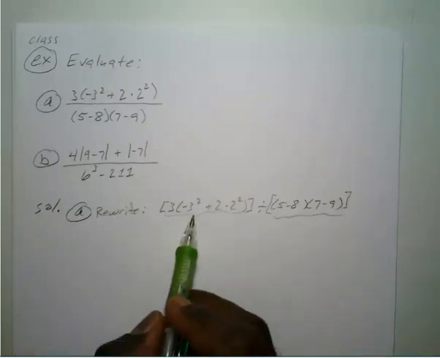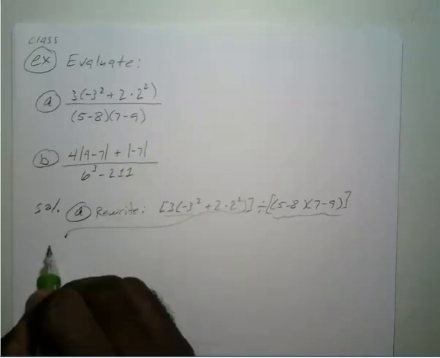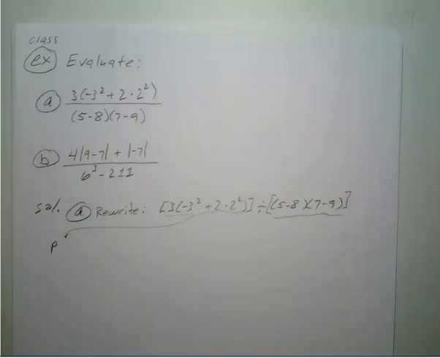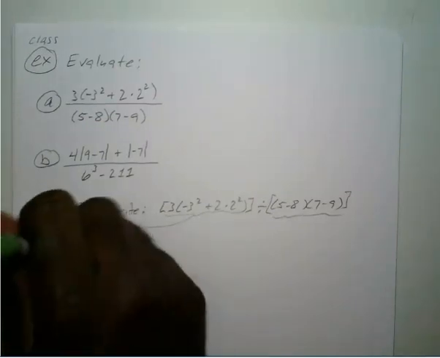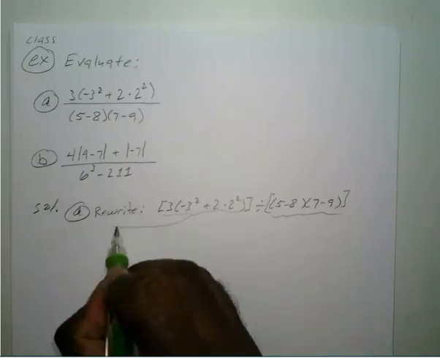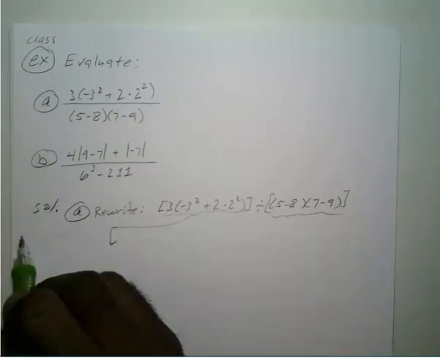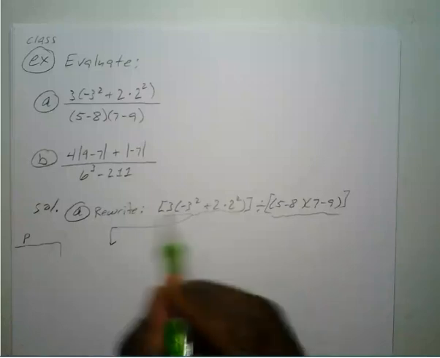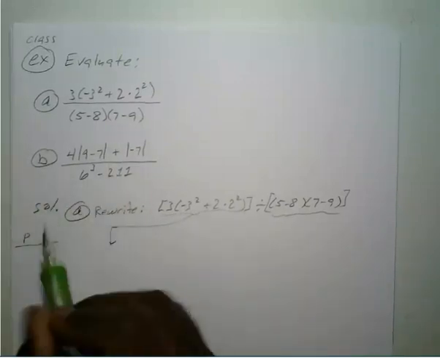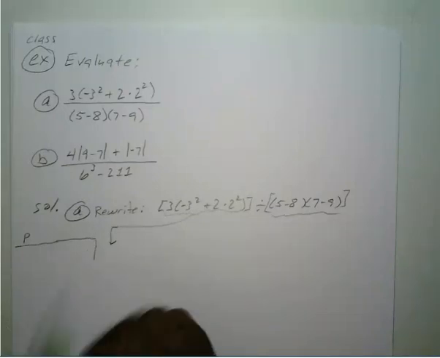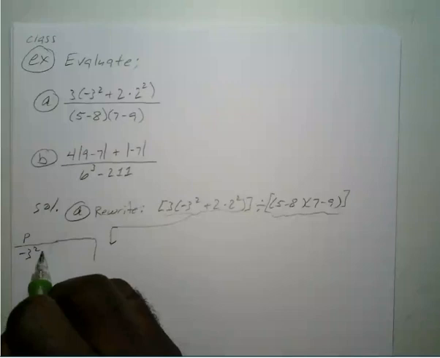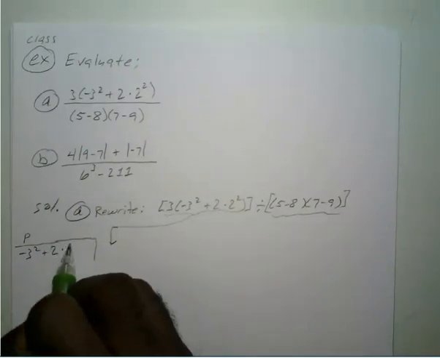For this, you have parentheses, but inside the parentheses, let me move that over so I can have a little bit of room to do that on the left so it won't be very confusing or even more confusing. Everything inside of these parentheses, give a little more space. There we go. So you have negative 3 squared plus 2 times 2 squared.